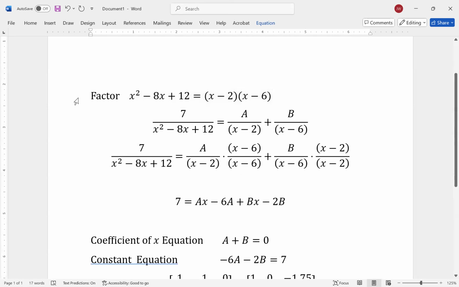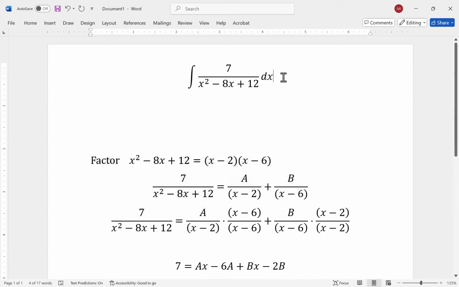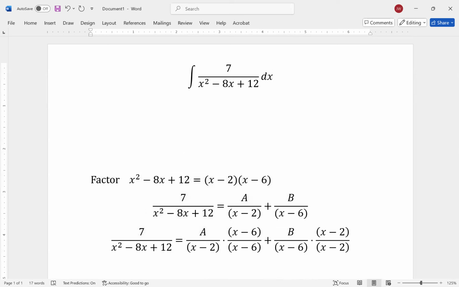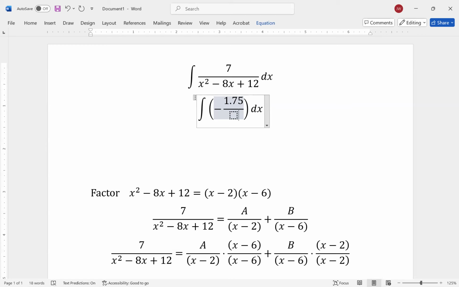Again, that's a lot of work, all to just figure out what the A and the B had to be. But now I know that. Now I know that this rational expression that I'm trying to integrate is the same thing as negative 1.75 divided by x minus 2.